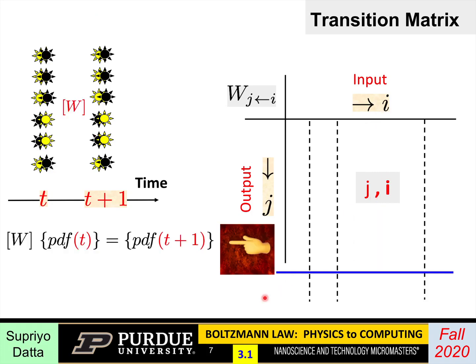In general, you can take the probability distribution function at time t, multiply it by W, and it will give you the new probability distribution at time t plus 1. So this matrix propagates your probability distribution function from one time point to the next.